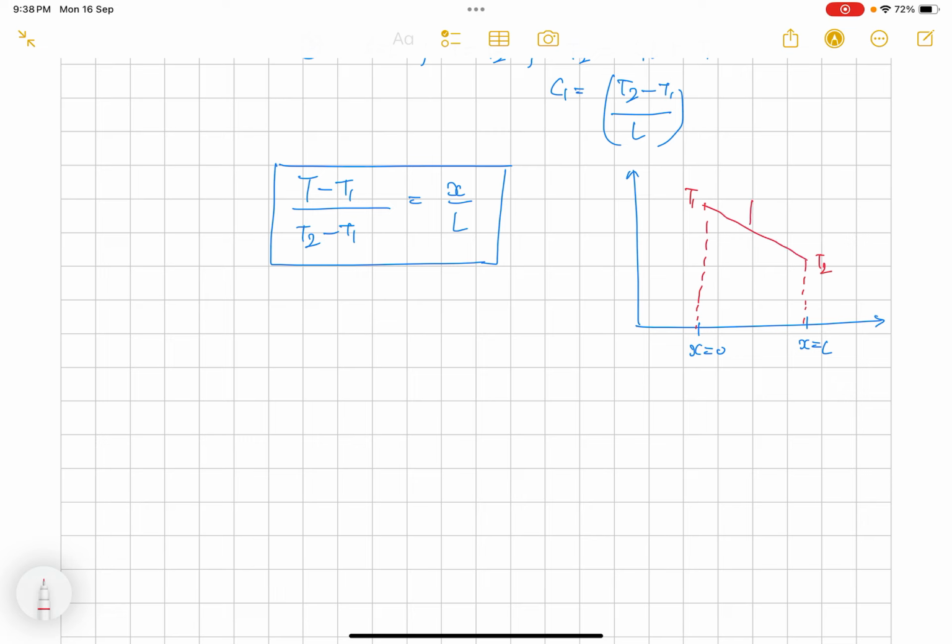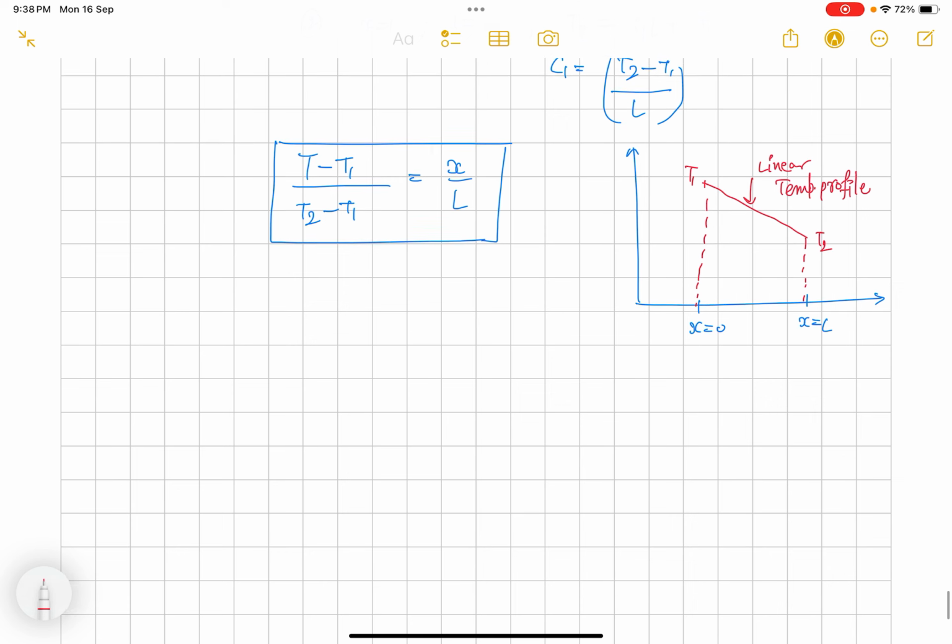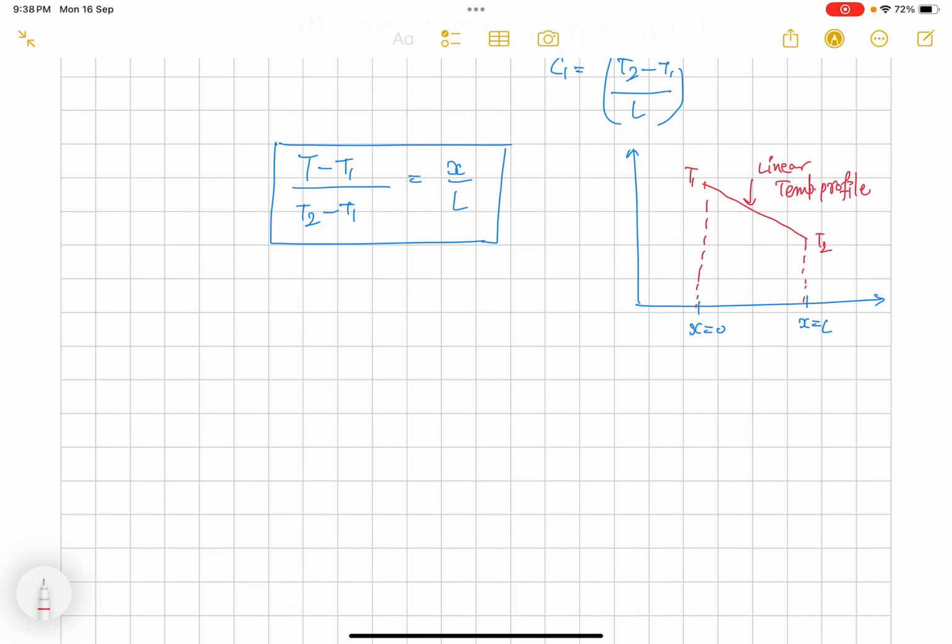So we can write: linear temperature profile. If we substitute x equal to L by 2, we can get the temperature at half of the length, and likewise we can find the temperature at any location x. So in the next part we will see about the cylindrical system. Thank you.